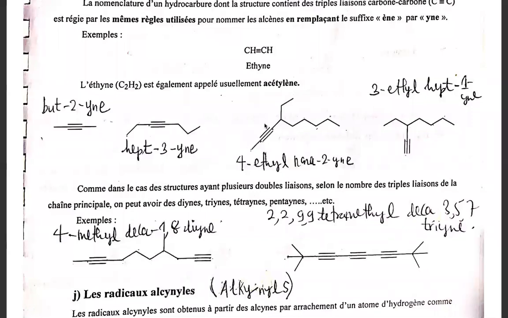Then we also have another thing. The other thing here is the substituent. So the substituent is at position number 1, 2, 3, 4, at position number 4. So the substituent is called an ethyl. We are going to have position number 4 and the substituent with the name ethyl. Then the chaîne parent or bien principal is going to be called a non.